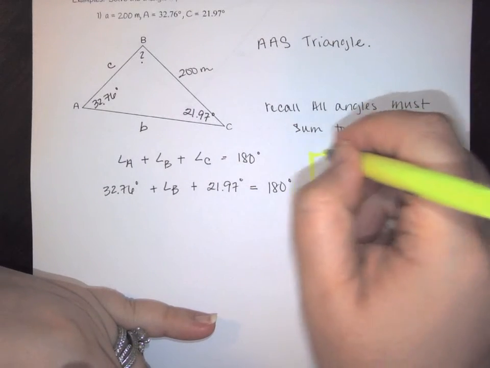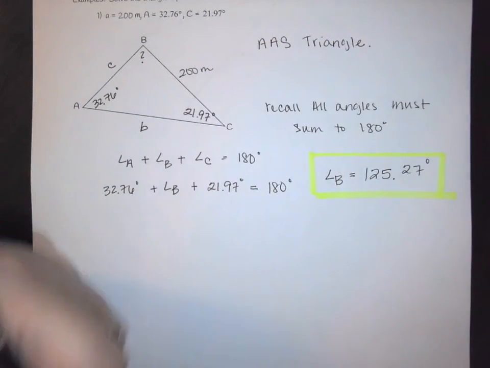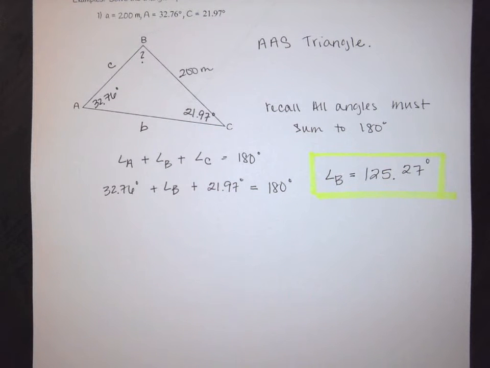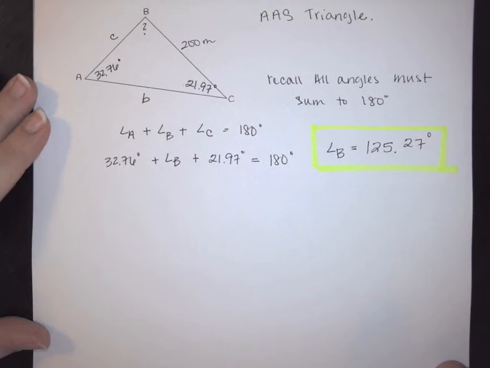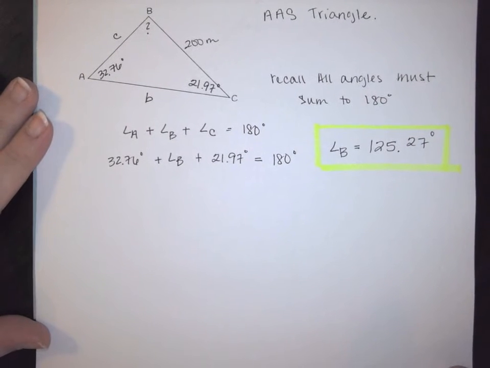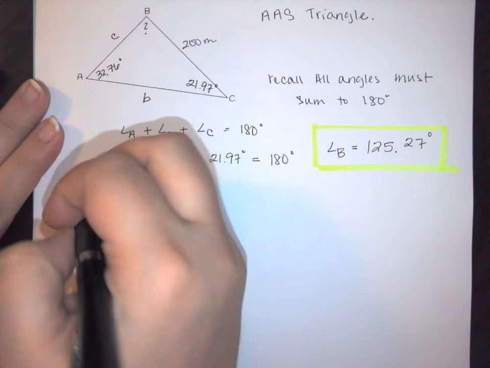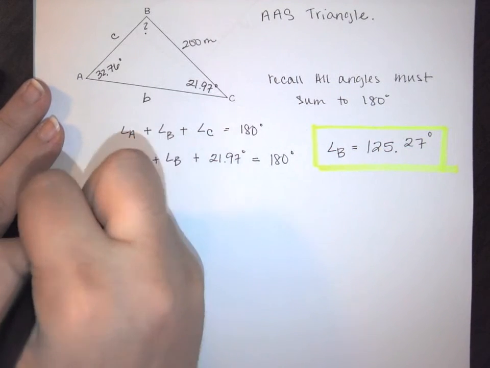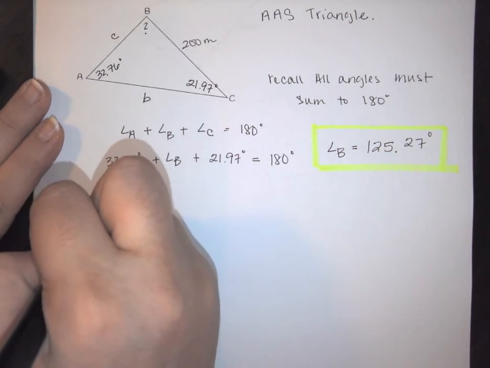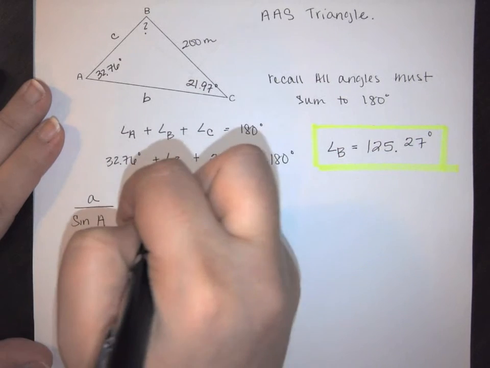So we have the law of sines says A over the sine of A is equal to B over the sine of B is equal to C over the sine of C. So I can input into my law the information that I know.